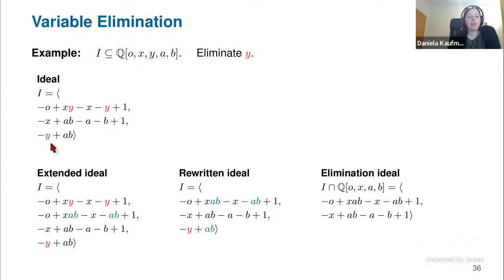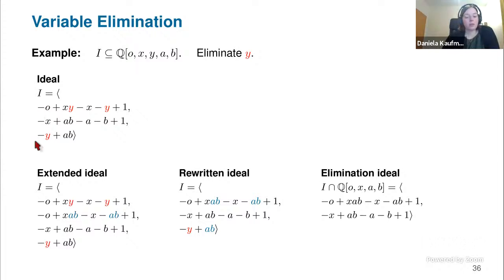So I've written down here now an ideal with the following ordering, where O is larger than X, larger than Y, and larger than A and B. And let us now assume that from this ideal, we want to eliminate Y, because we noticed that Y is an internal variable for us. So let's get rid of this.